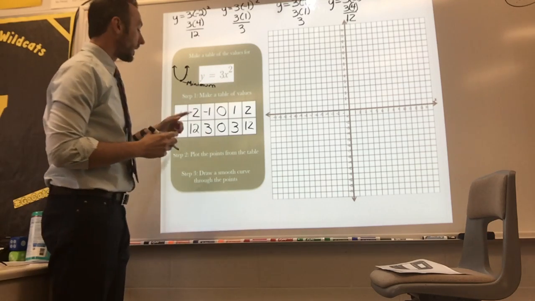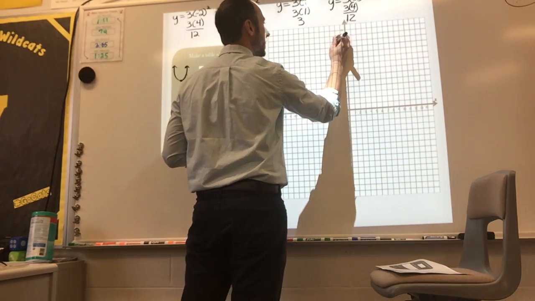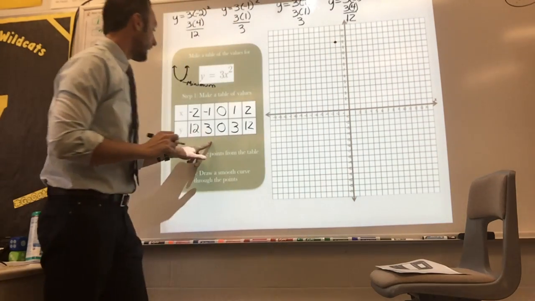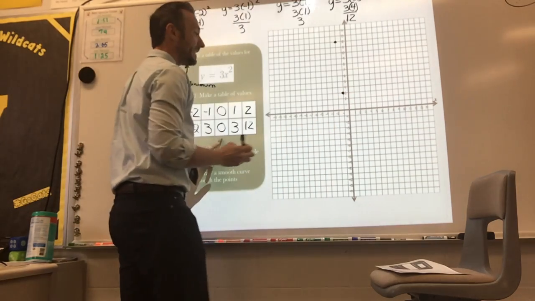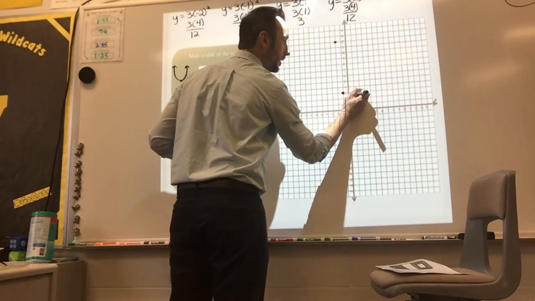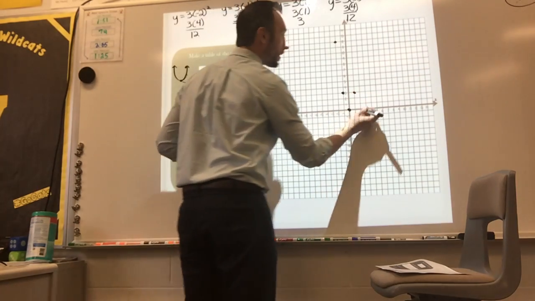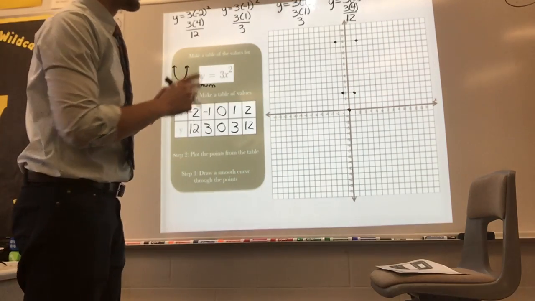So if I graph my points, go to negative 2 on my x-axis, go up to positive 12, put a point there. Negative 1, positive 3, 0, 0 is going to be my vertex, 1, 3, and 2, 12. Hopefully you can see those dots make a parabola shape.